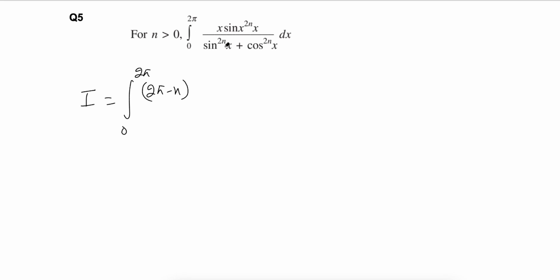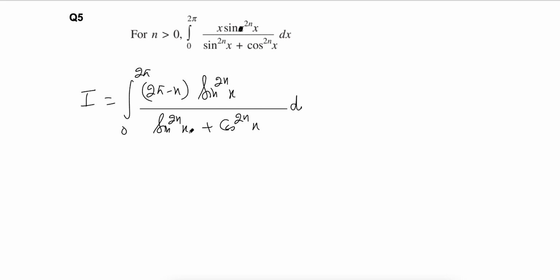Minus sine x, but the whole is power even number. So I can simply write sine power 2n x. See, this x does not mean anything. Are you getting? Divided by sine 2n x plus cos 2n x dx.